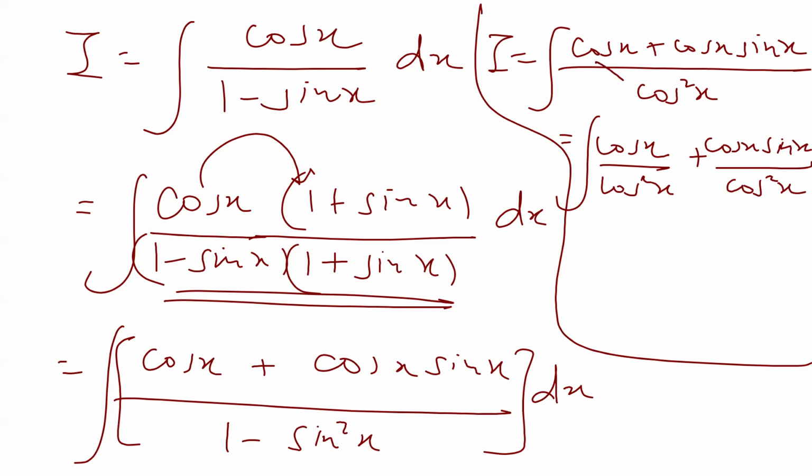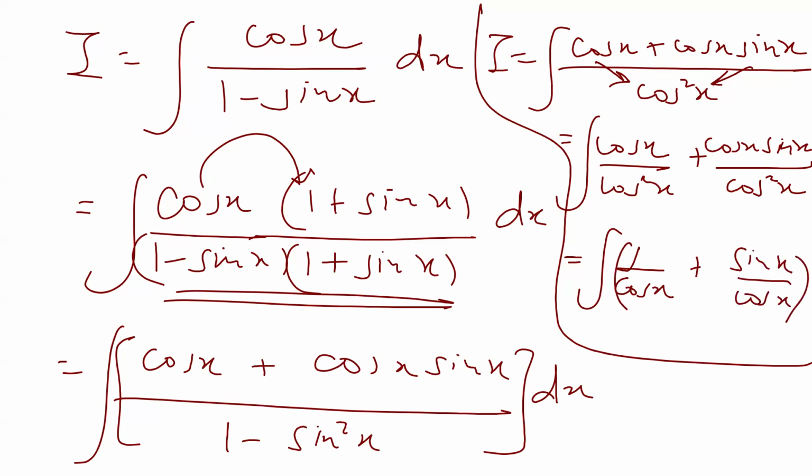So 1 upon cos x plus sin x upon cos x. Okay, because one cos and this cos will get cancelled. So this will be integration of sec x plus tan x.